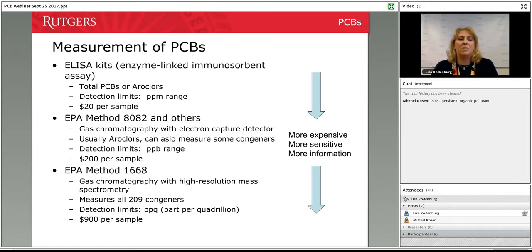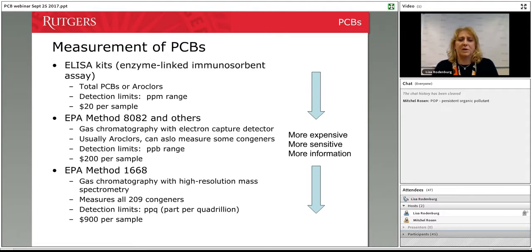And usually when you measure PCBs by method 8082, you're usually not trying to measure individual congeners. Remember, we said that there's 209 different congeners, and it's tricky to measure all 209. So instead, with this older method, usually what they do is they measure Aroclors. They say, okay, I don't know exactly what the congener composition is, but it kind of roughly looks like Aroclor 1260, for example. And then they'll report a concentration of Aroclor 1260.